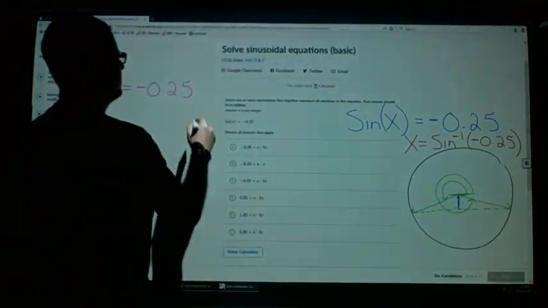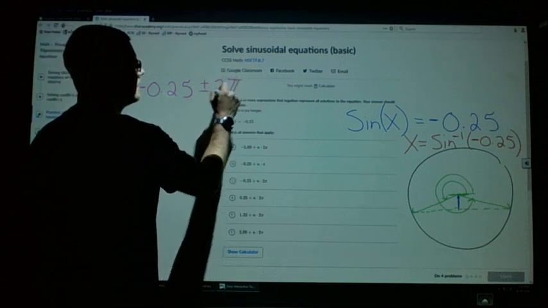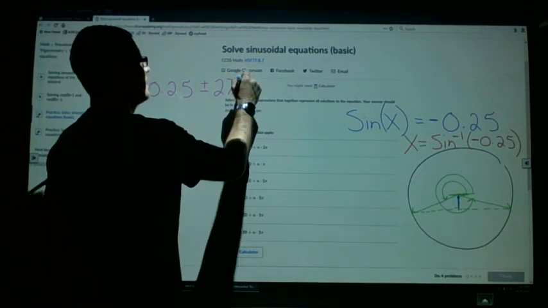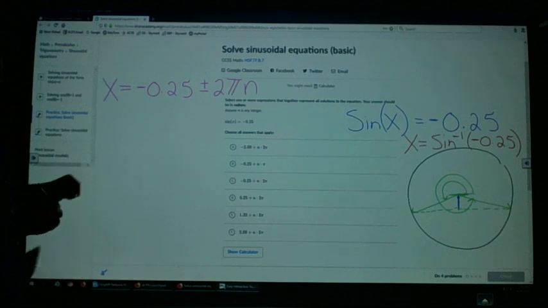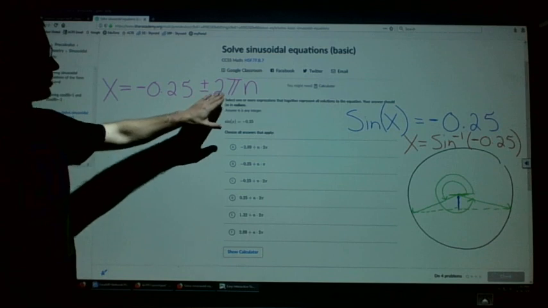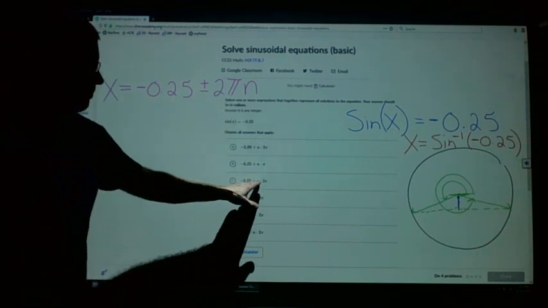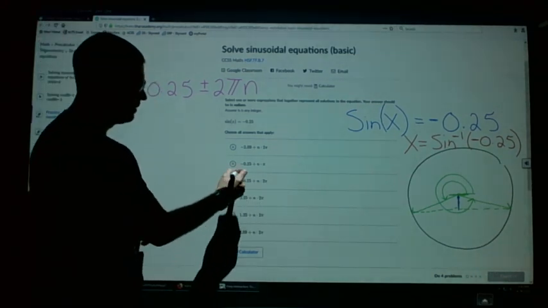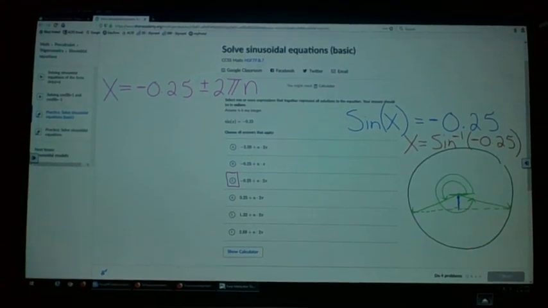So we need to do plus or minus 2 pi n, where n is my integer counter. So we've got one answer. So far, the one that matches what we've seen, negative 0.25 plus or minus 2 pi n, is this one, negative 0.25 plus n times 2 pi. Formatting is weird, but C is a correct answer.